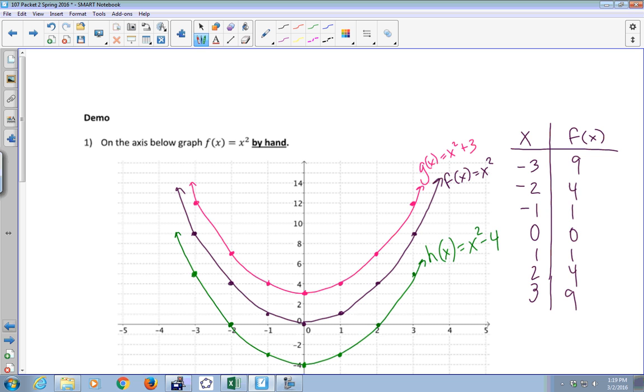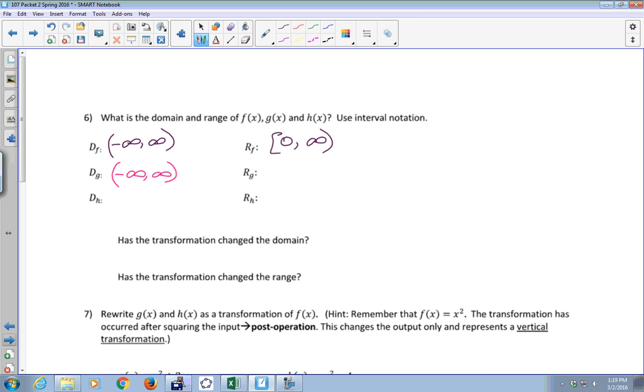What's the smallest y on the pink graph? 3. So we go 3 to infinity for the range. Okay. And then the green graph is also negative infinity to infinity for its domain. But what's its range? What's its smallest y value? Negative 4.